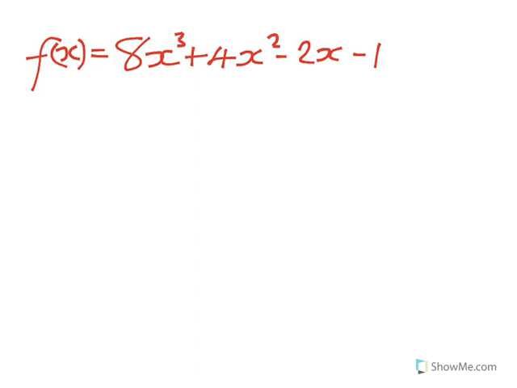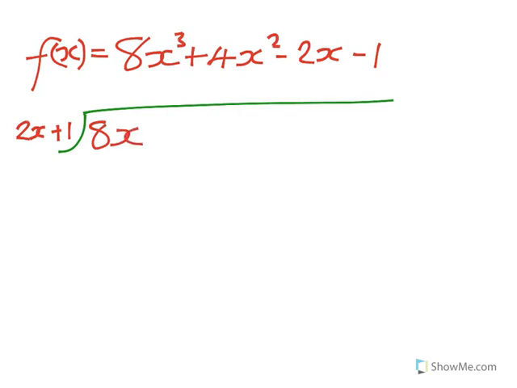So what we can do, actually, we'll do our long division here. And then what we have here is 2x plus 1, and then it's 8x cubed plus 4x squared minus 2x minus 1.